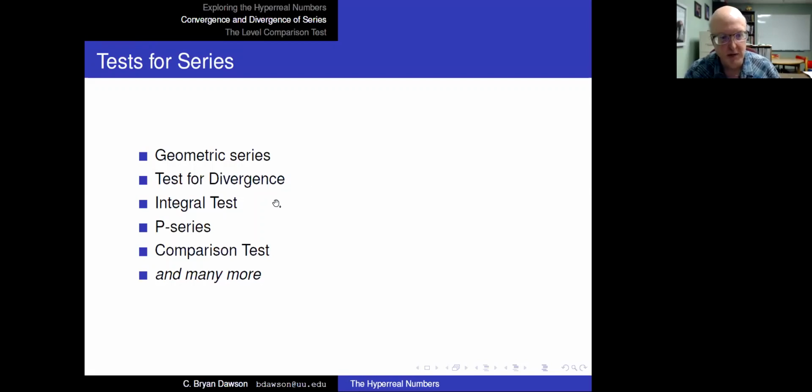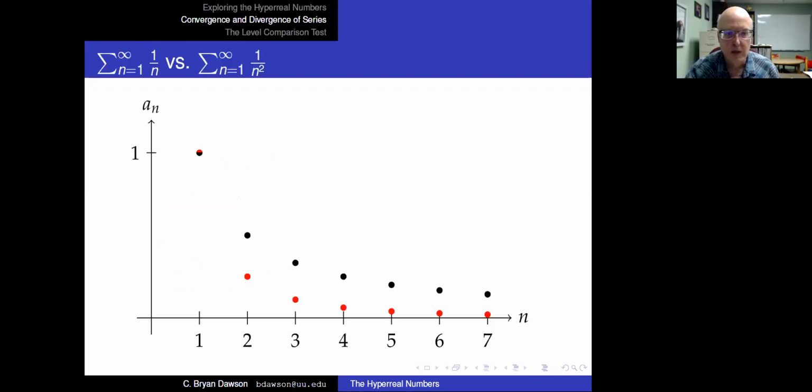You had a test for divergence, an integral test, a p-series test, a comparison test, and many more. But what are we actually trying to do when we're testing a series? Let's think about the sum of 1 over n versus the sum of 1 over n squared.